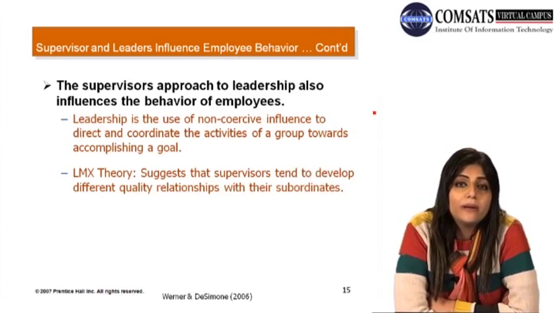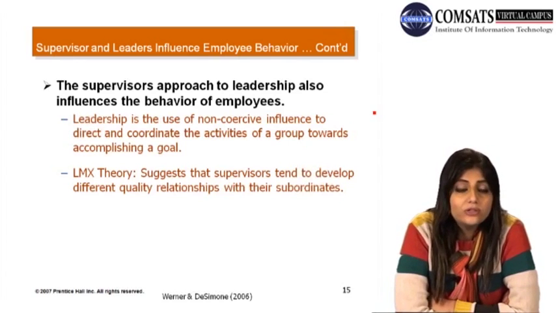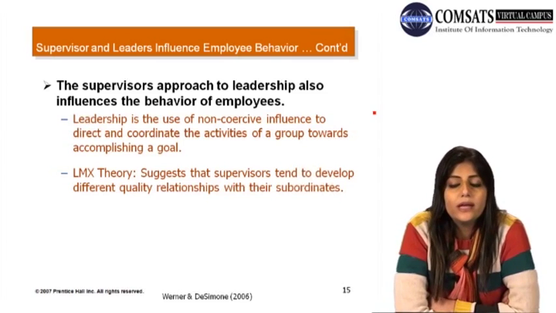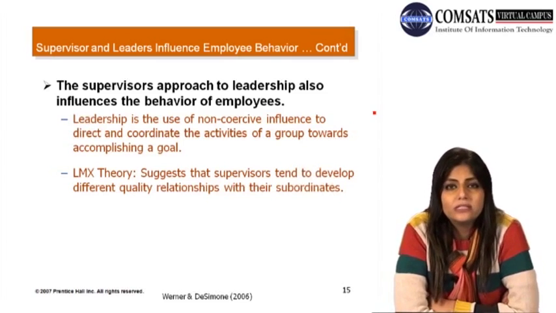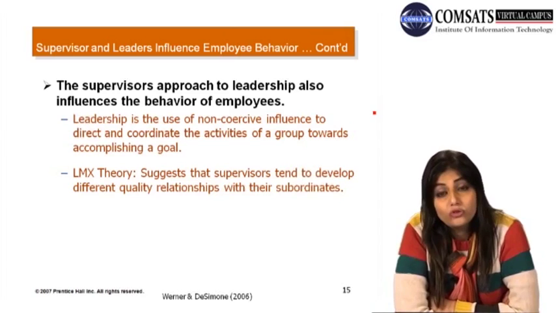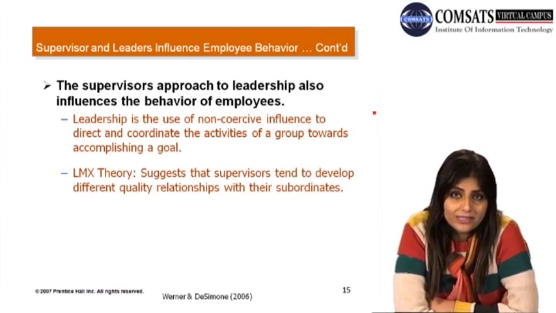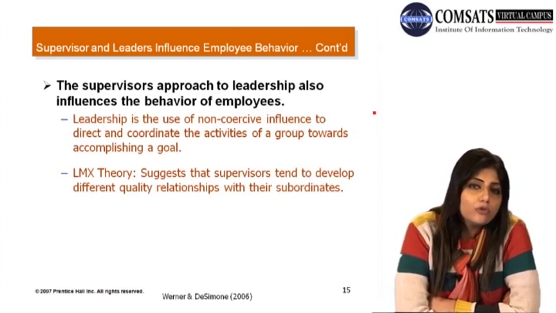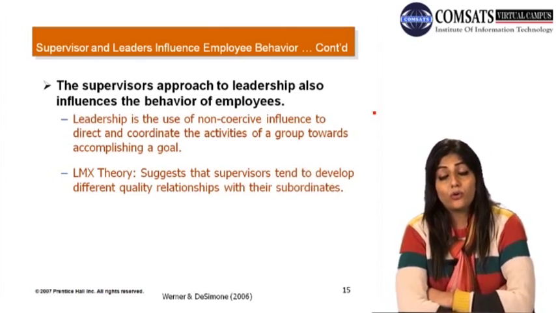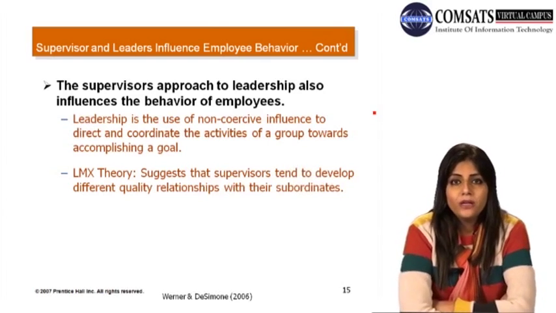And they also give them better resources, both tangible and intangible, in the form of recognition and rewards. The subordinates in the in-groupers list enjoy a number of benefits. The ones in the out-groupers do not receive that many benefits and resources from the supervisors, and they also do not receive such good tasks, right? As a result, the in-groupers tend to perform better, and the out-groupers are reported not to perform that well.